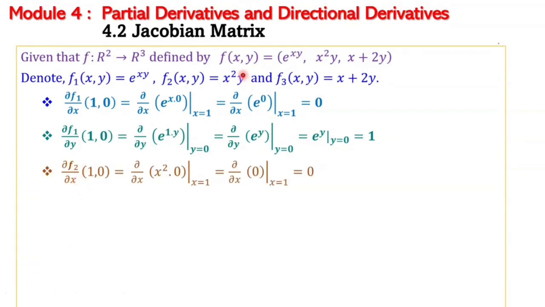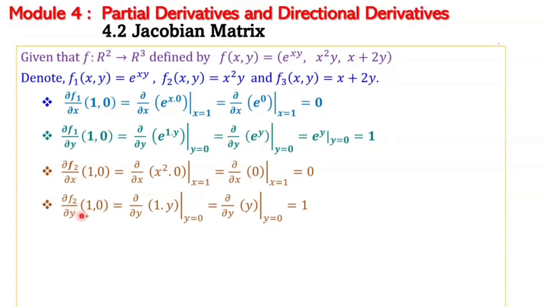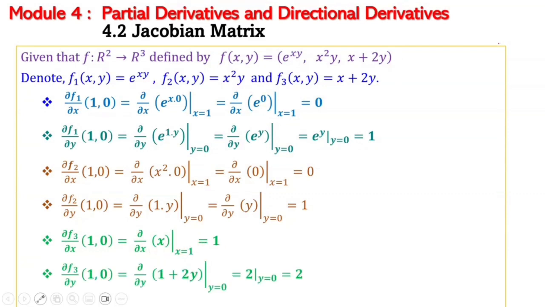We continue with f2. For f2 with respect to x at (1, 0), y equals 0, so it becomes 0 and the derivative is 0. In the same way for f2 with respect to y, we put x equal to 1 and keep y as it is. At the point y equals 0 the partial derivative is 1. Our last one is easy: f3 with respect to x at (1, 0) is the derivative of x, which is 1.